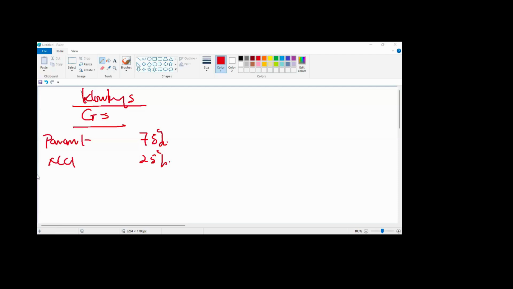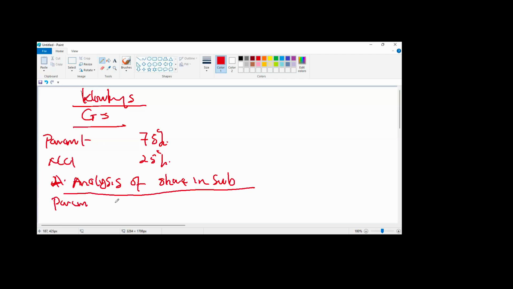So if there is 12 million, we can analyze the shares of the subsidiary. One, parent acquires 0.75 times the total number of shares, 12 million.